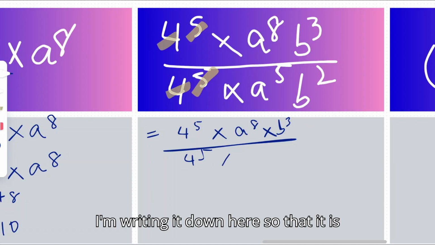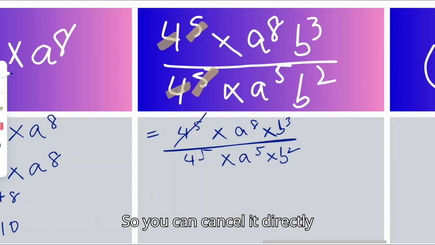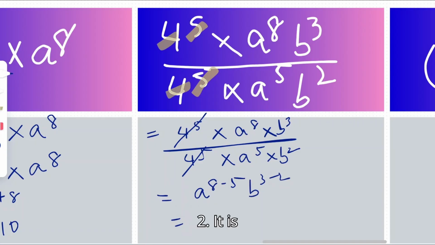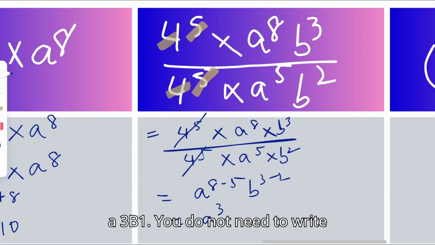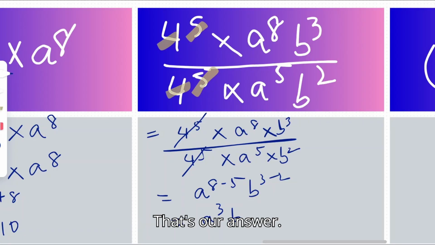I'm writing it down here so that it is clear to you. So you can cancel it directly. And then next step is A, 8 minus 5, B, 3 minus 2. It is A3, B1. You do not need to write 1. And here done, we are done. That's it. That's our answer.